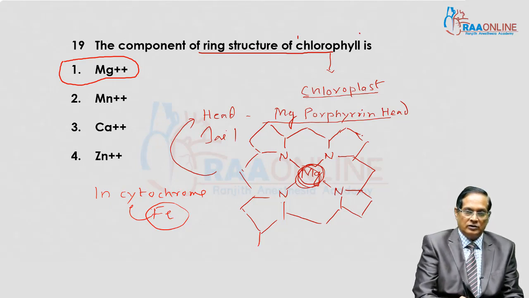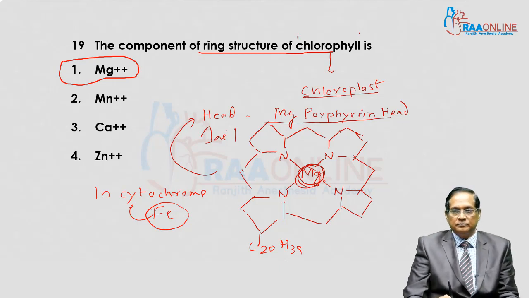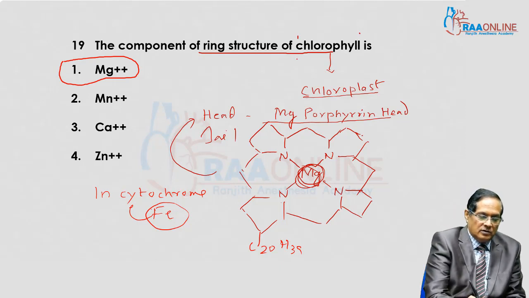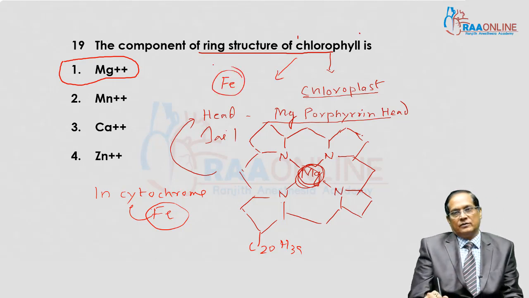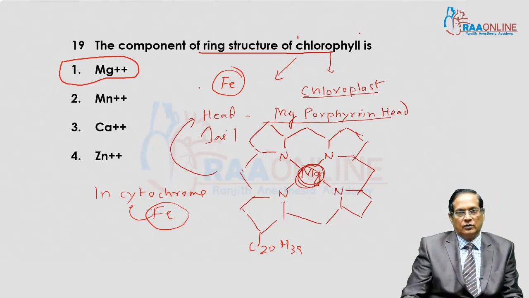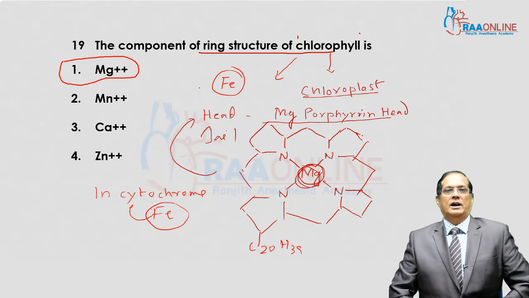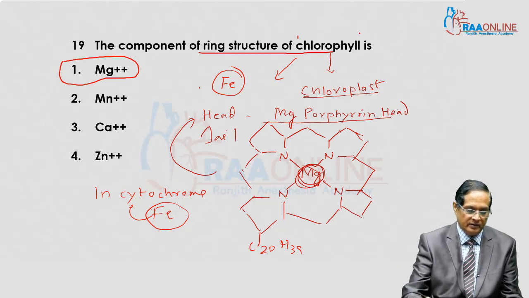And there is a long tail of carbon and hydrogen, C20H39, that is the phytol tail. One more element is iron. Iron is not found in the structure of chlorophyll, but for the synthesis of chlorophyll, iron is required.